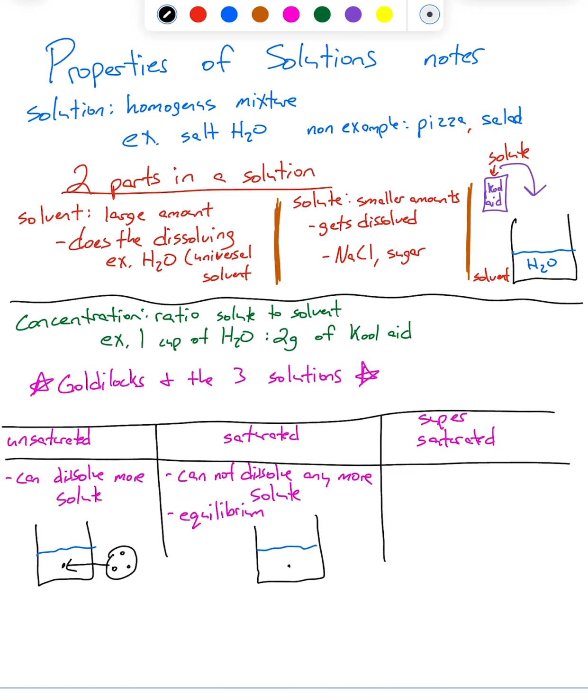Then this little dot we're going to look at: we've got as much as that liquid can hold. The symbol you may see looks like a half-drawn arrow going one way and one half-drawn going the other way. It's at equilibrium. That's what that means.